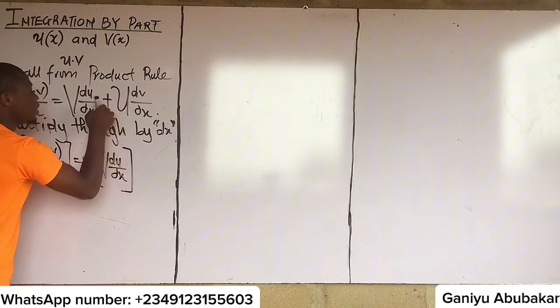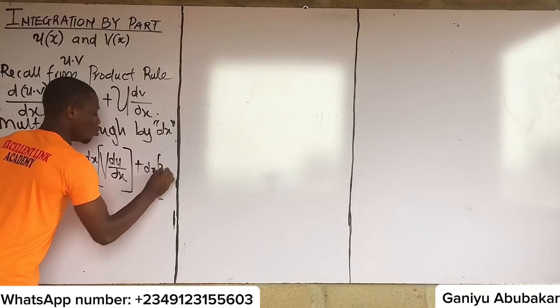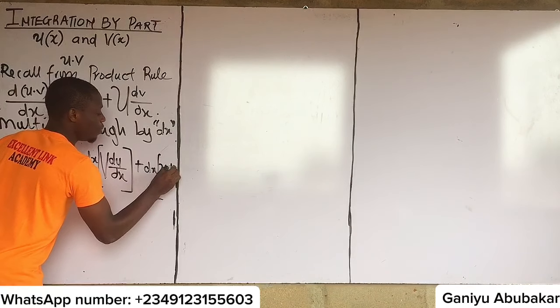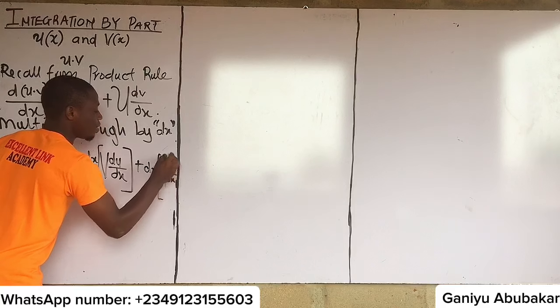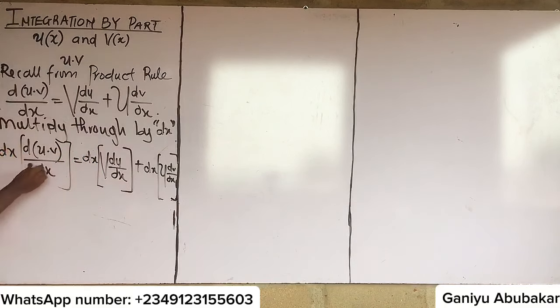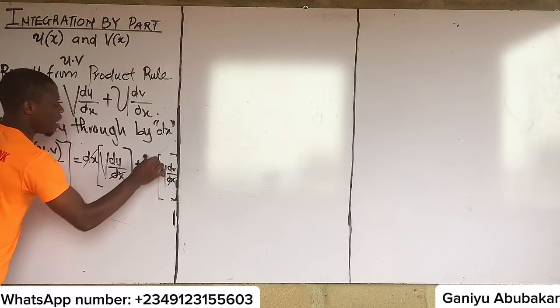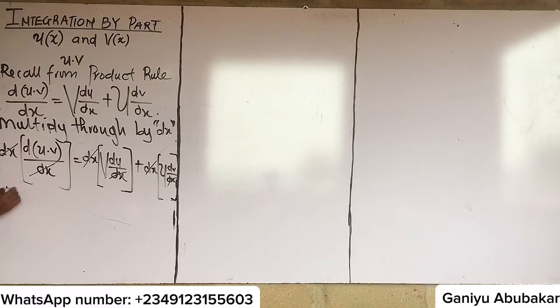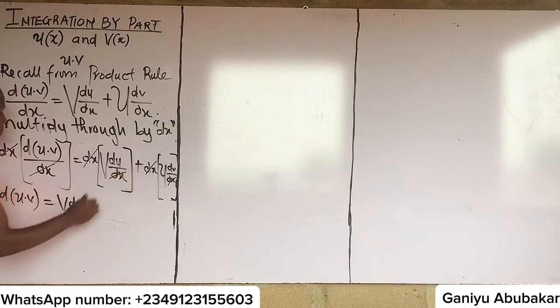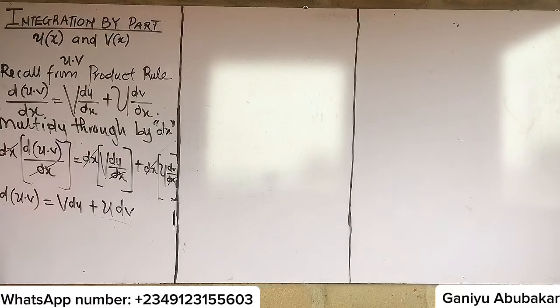This is a plus sign. Next, dx times u dv over dx. At this point, the dx cancels out the dx here, and the dx cancels out the dx here. I'll be left with d of u dot v is equal to v du, plus u dv.